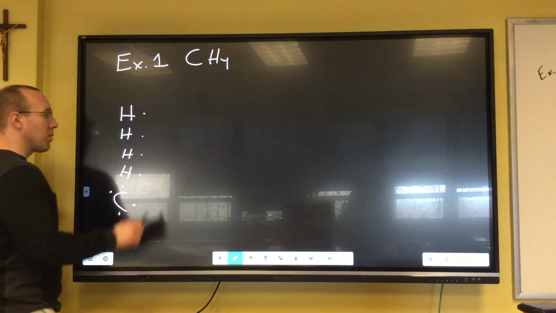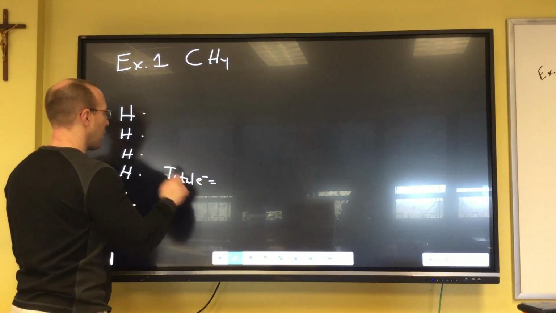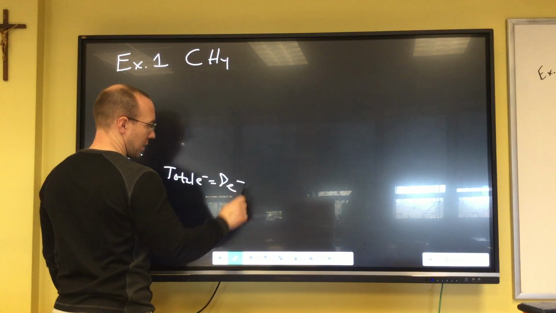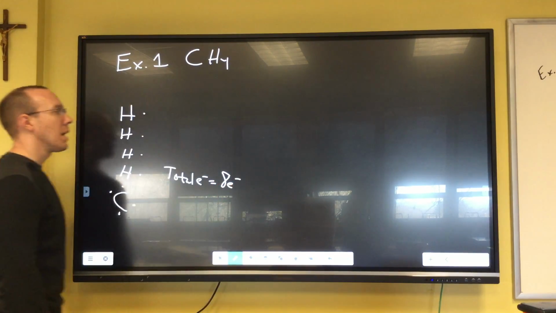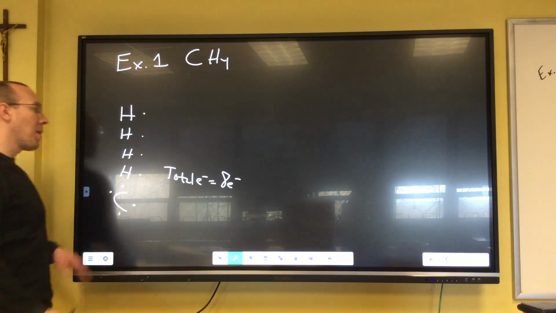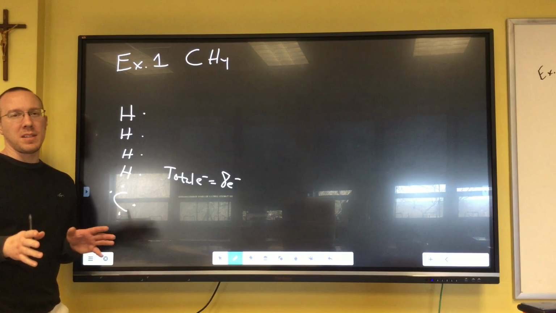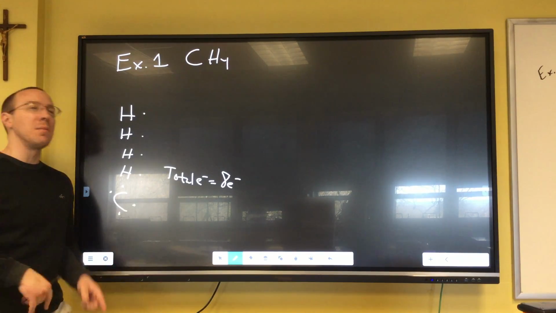So if we add up the total electrons, we have 1, 2, 3, 4 plus 4 here, that's 8. Now my recommendation is, in this situation, whenever we have an element by itself, like we have 4 hydrogens and 1 carbon, let's put the one that's single in the middle.